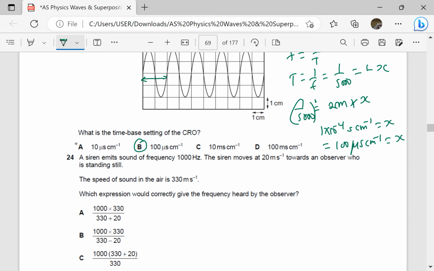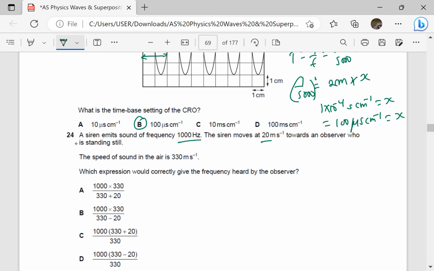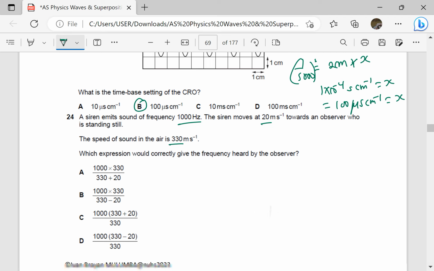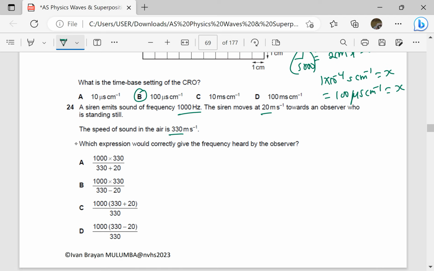A siren emits sound of frequency 1000 Hz. The siren moves at 20 meters per second towards an observer who is standing still. The speed of sound in the air is 330 meters per second. Which expression would correctly give the frequency heard by the observer? Because it's moving towards, we shall subtract.